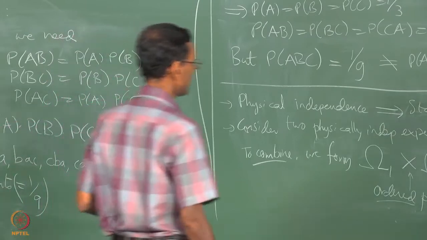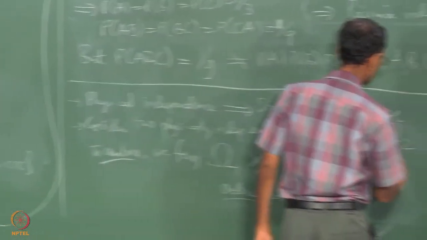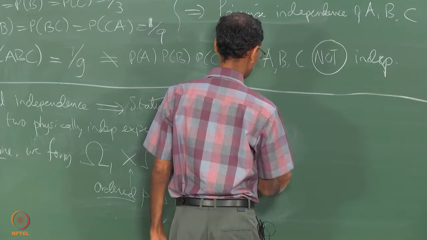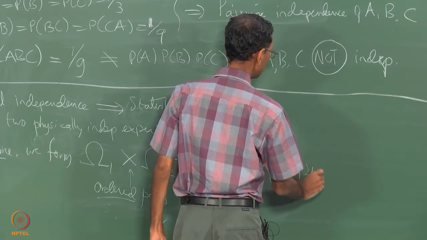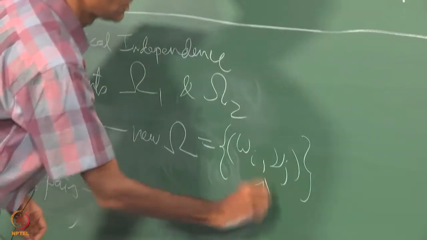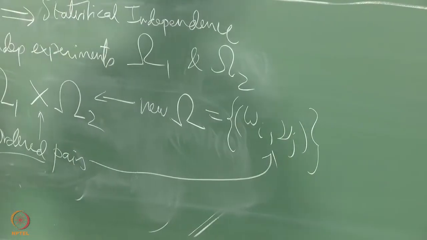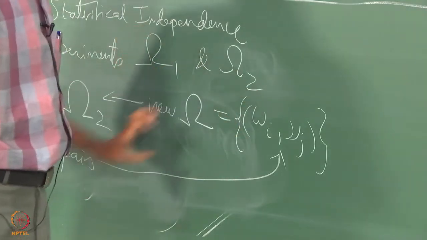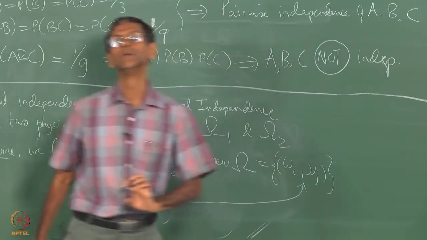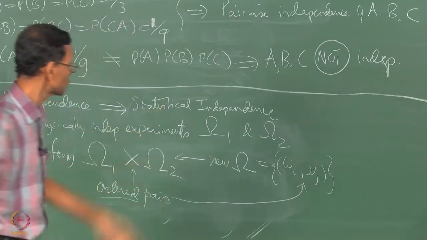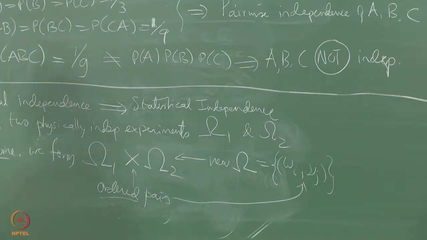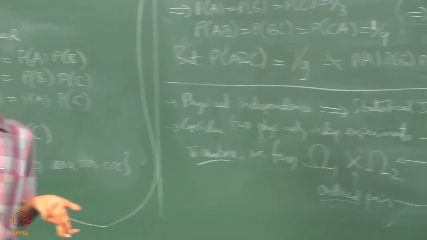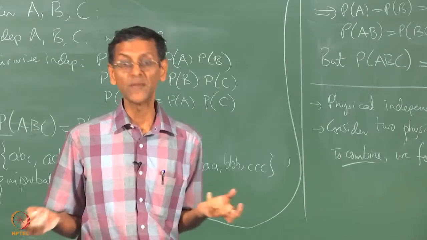So the new omega will be something of this form: ordered pairs, small omega i, nu j, where omega i comes from capital omega 1 and nu j comes from omega 2. This is true in the case of both omega 1 and omega 2 being countable.